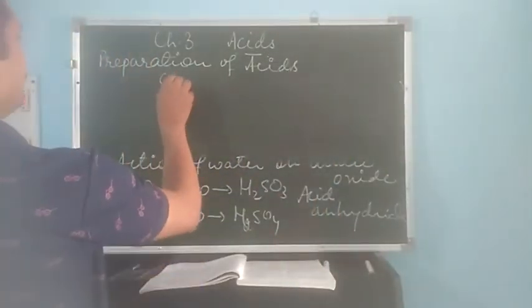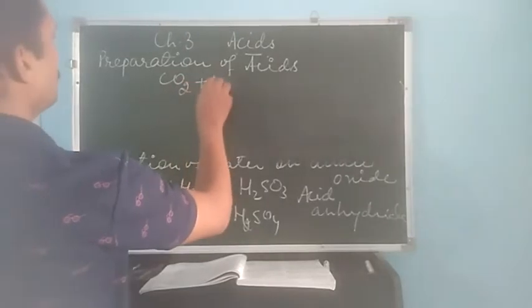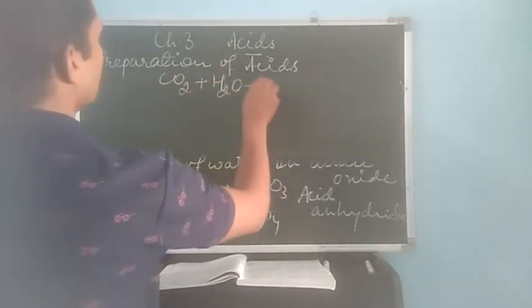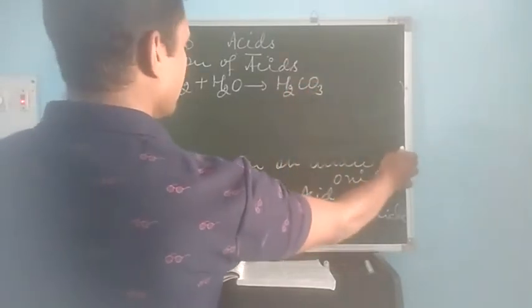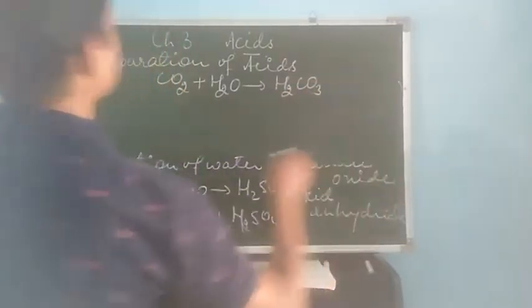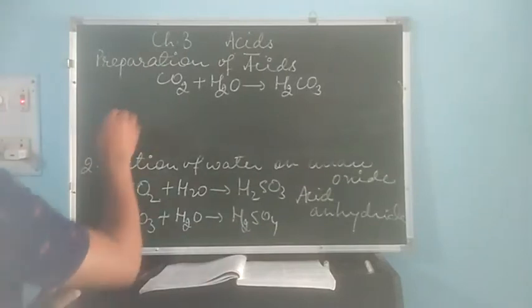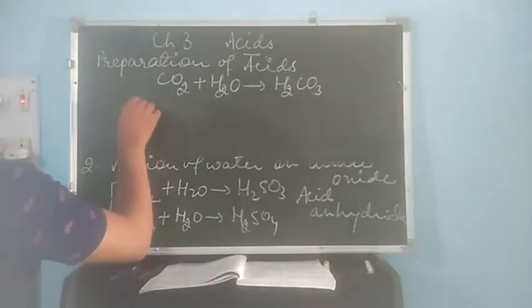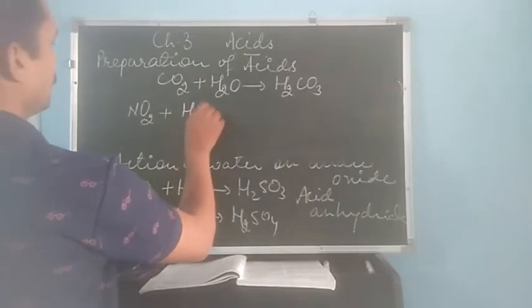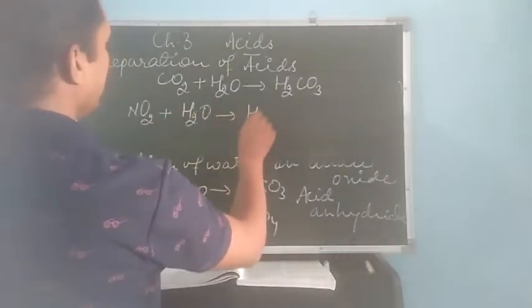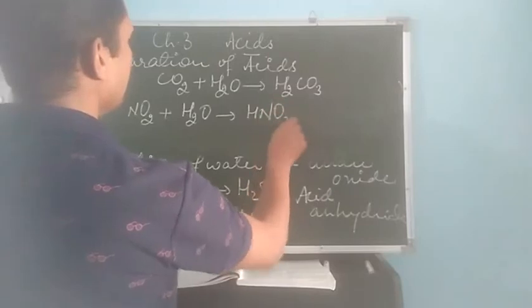We can take carbon dioxide plus H2O to give carbonic acid. Then we have NO2, nitrogen dioxide, which when added to water gives two acids this time.